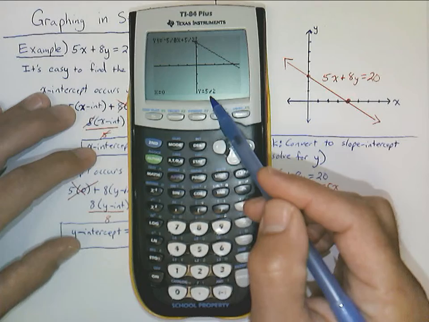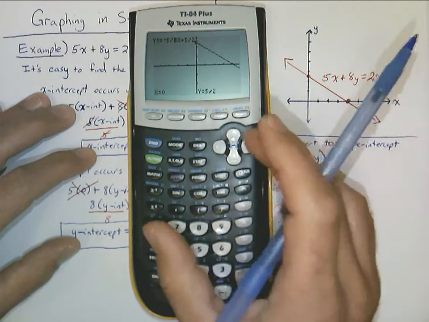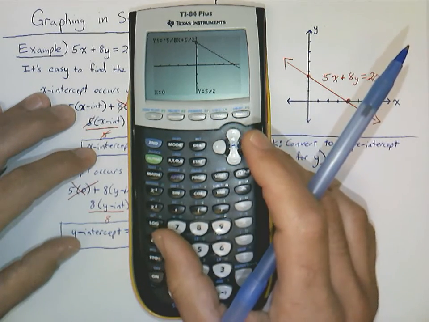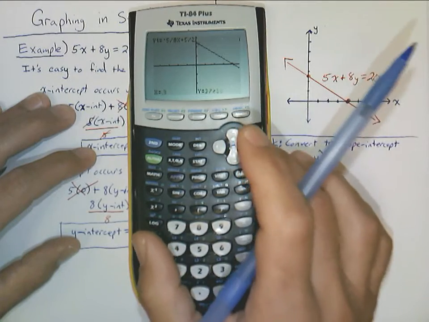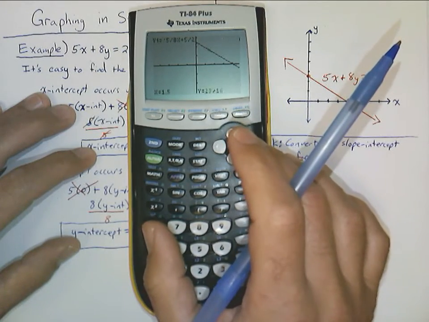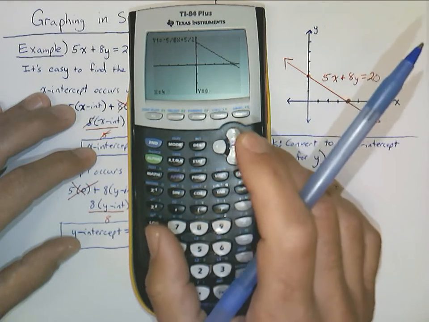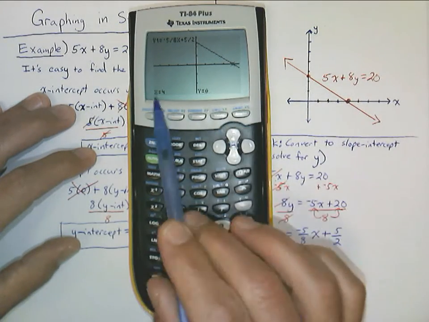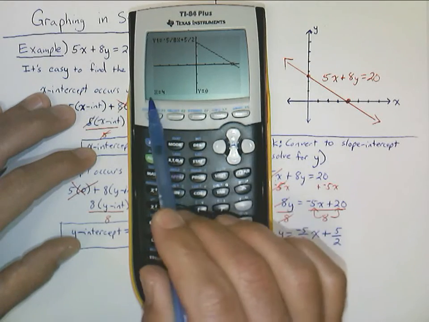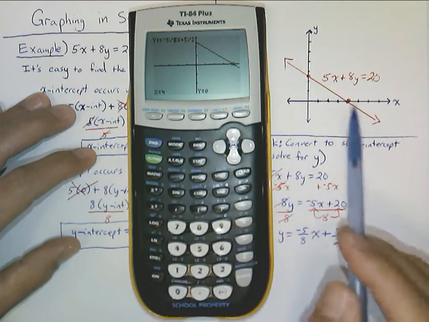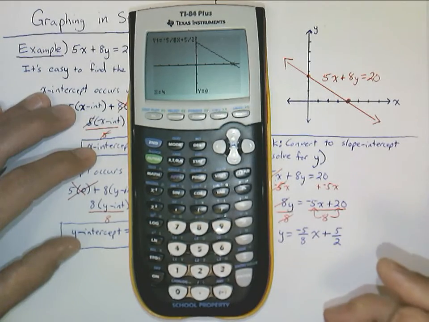X is 0, y is 5/2. Wonderful, that's exactly what we wanted. Right? 5/2 is 2.5. And if we scroll way over here to where the x-intercept is at, we see very clearly, oh yeah, here we go, when x is 4, y is 0, so that's the x-intercept of 4, which we had right there. So we did it right.